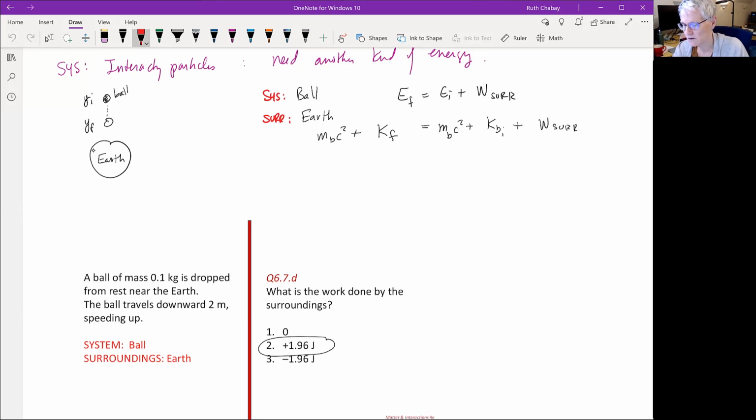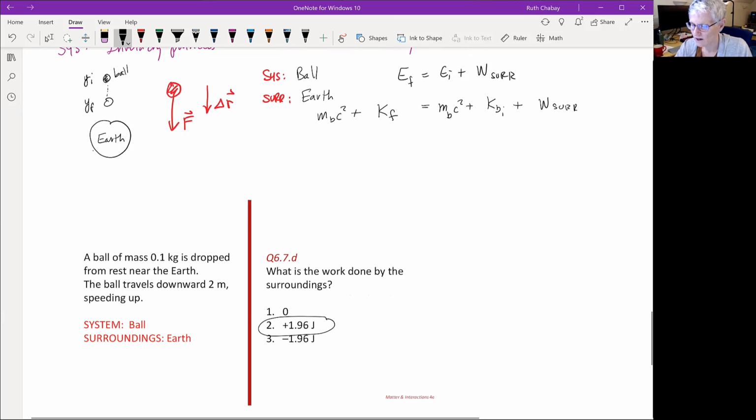There's two ways to make sense of this, and you need to consider both. Here's the ball, here's the force by the Earth, it is down. The ball moves from initial to final. So that's your delta R. The force and the displacement are in the same direction, so the work is going to be positive.